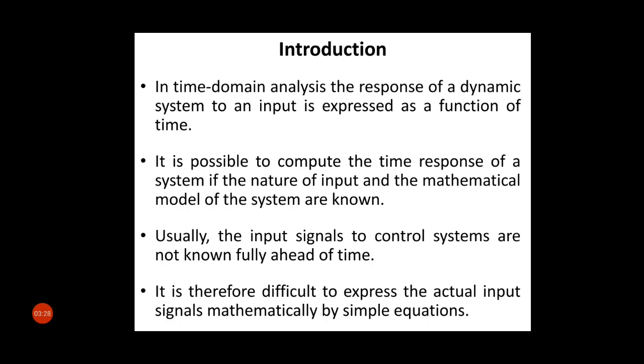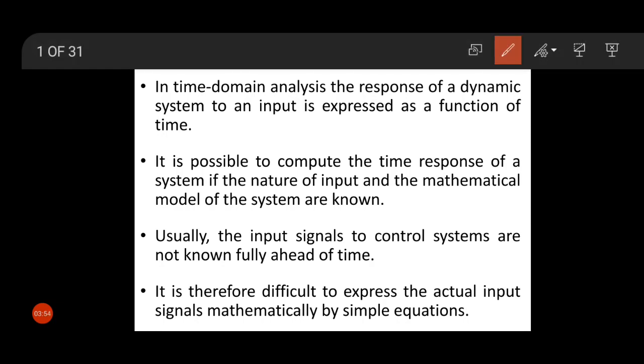Here I am going to consider a closed loop control system. If R(s) is the input and C(s) is the output of this normal negative feedback closed loop control system, then what is the transfer function?